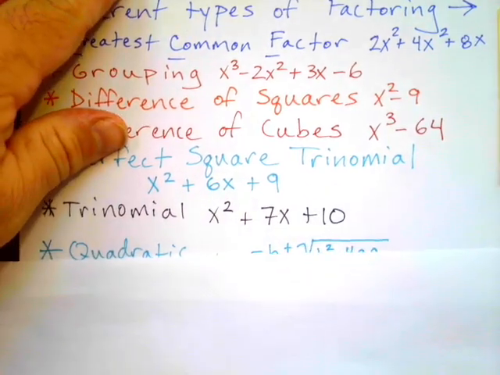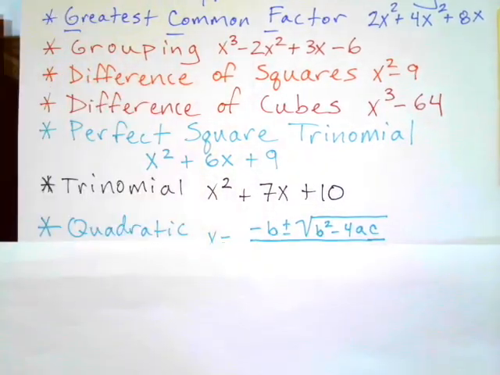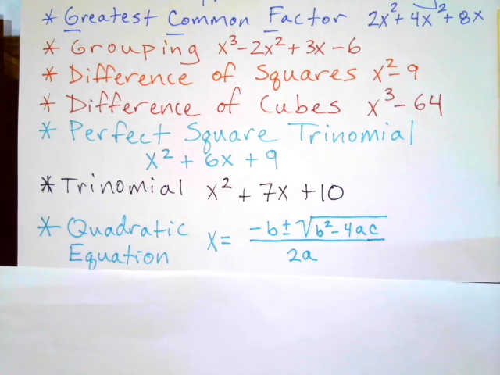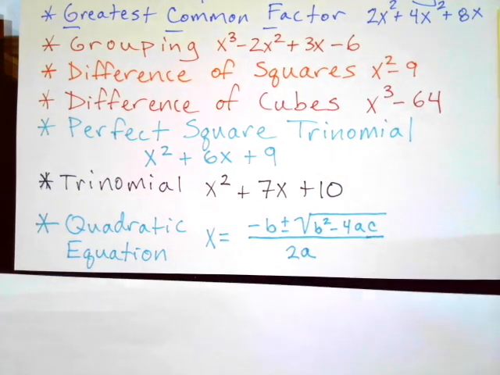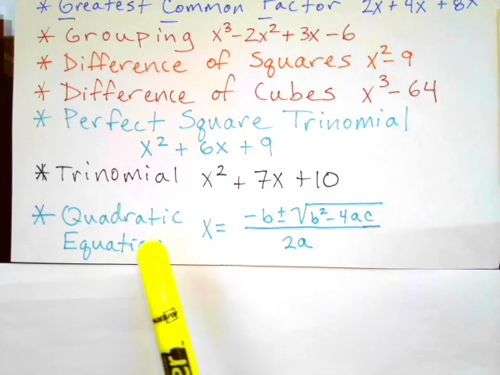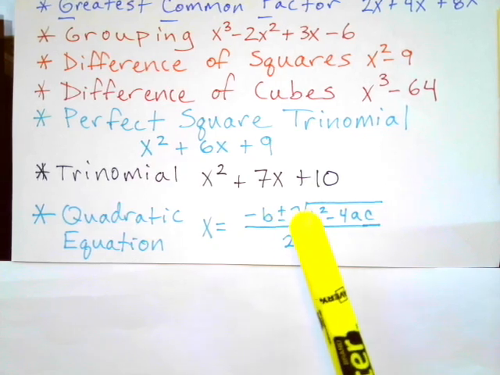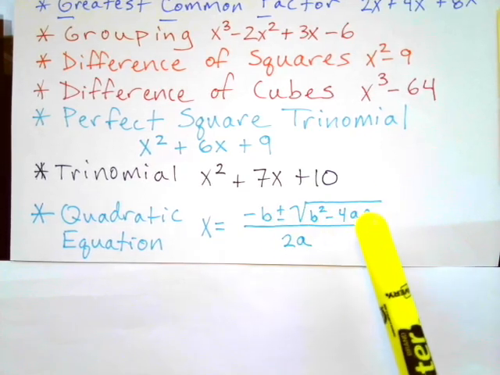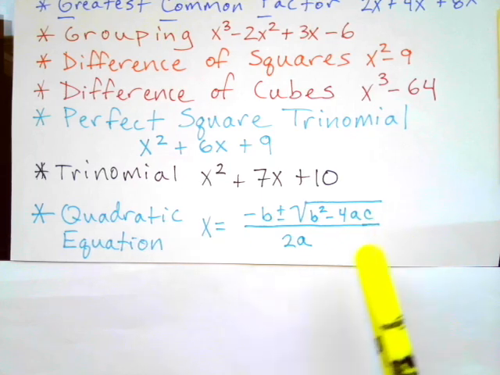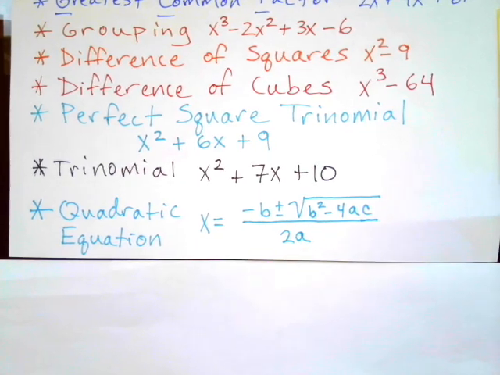And then, finally, and this is what is involved with this particular problem, what makes it so difficult, is factoring quadratic equations. And this is the form it looks like, right? This is the actual formula. Negative b plus or minus the square root of b squared minus 4 times a times c, all divided by 2a. So do you remember those answers?